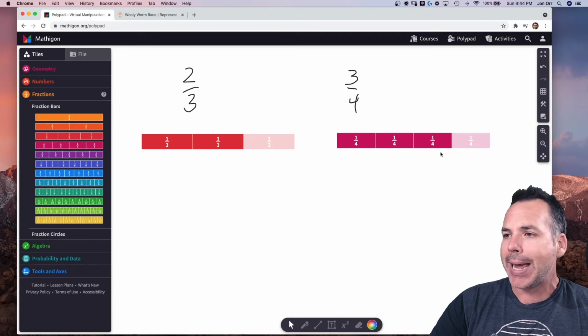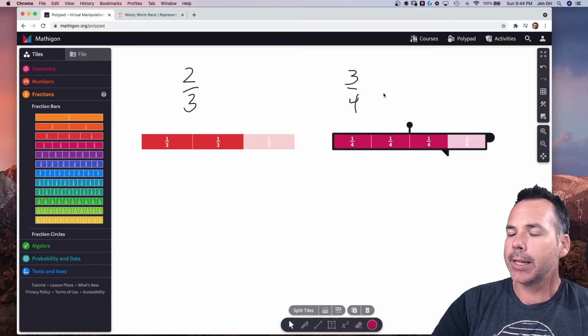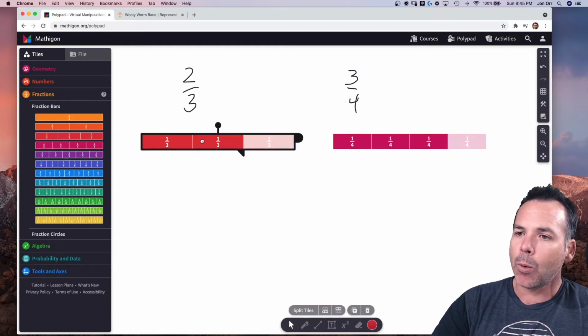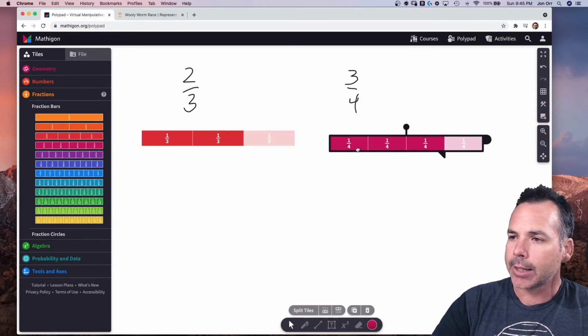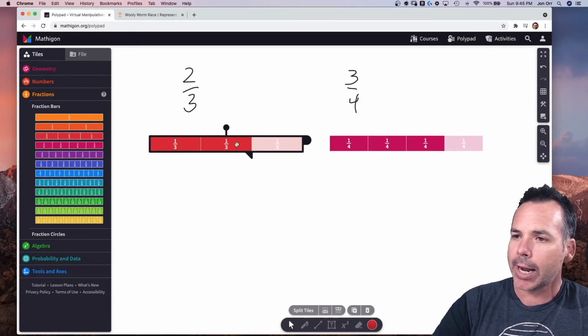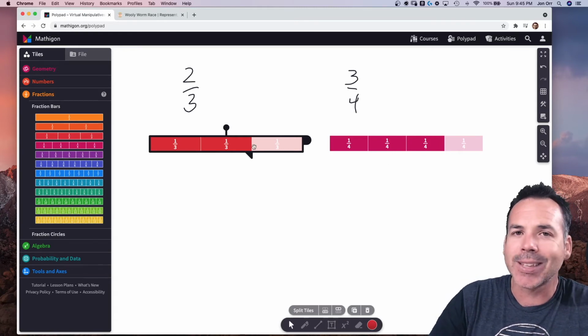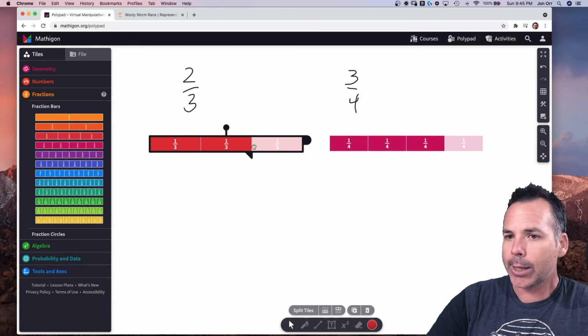But here's the nifty part about this. If I needed to compare these and I wanted to compare the symbolic representation of these fractions, like which is bigger, then basically you want to partition these representations of these fractions, this visual representation, so that they have the same number of parts, because it's real easy, right?